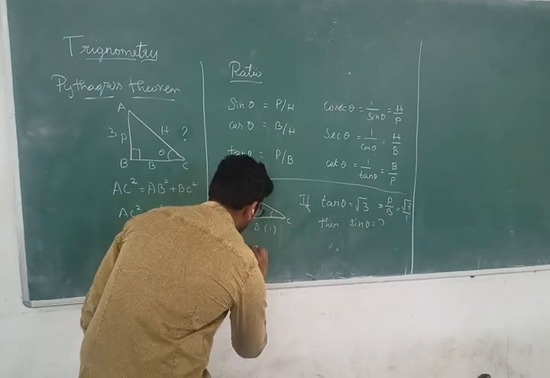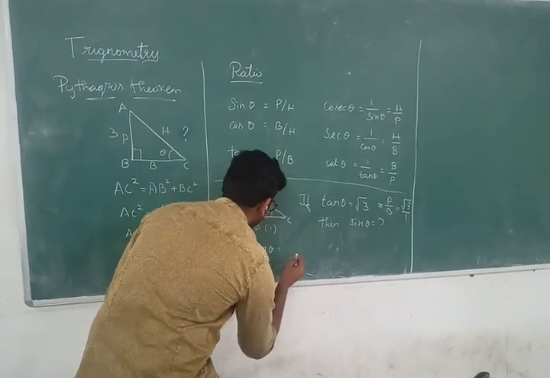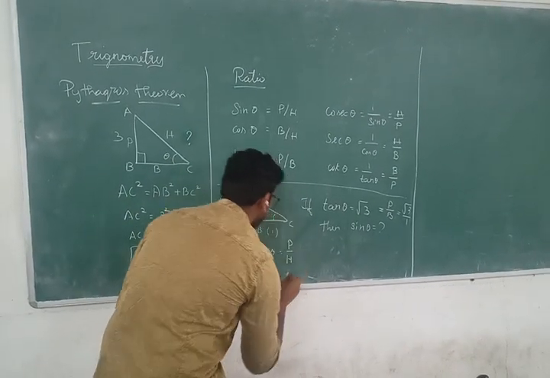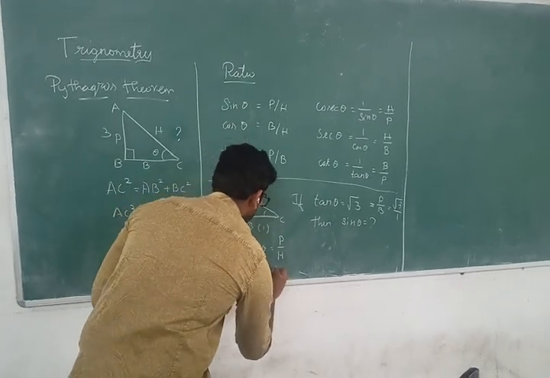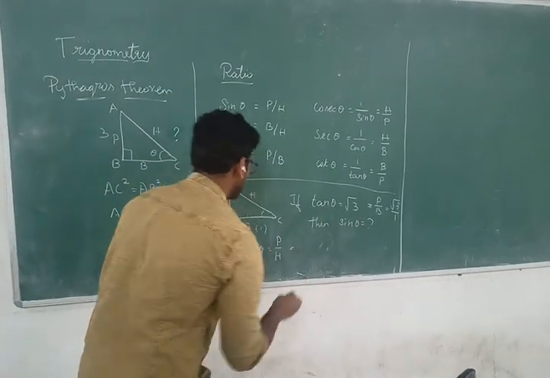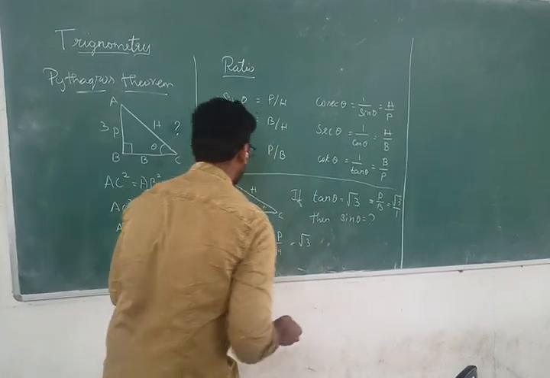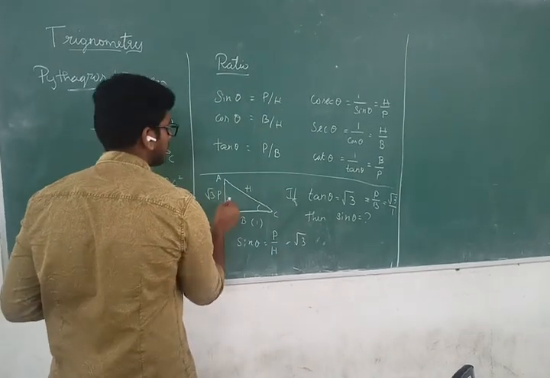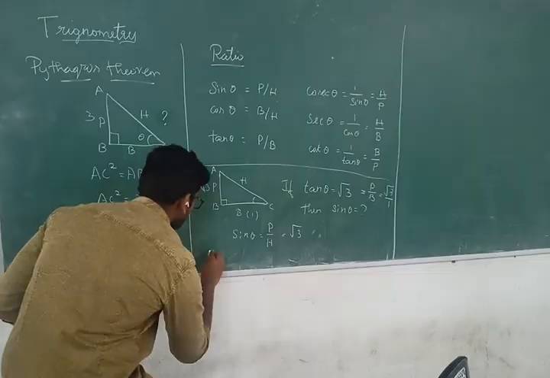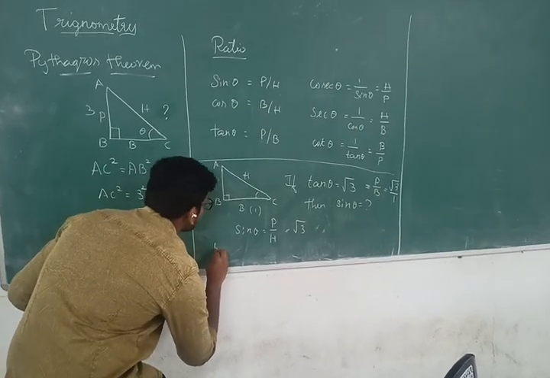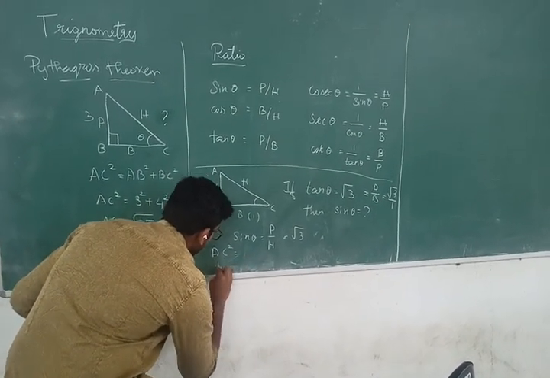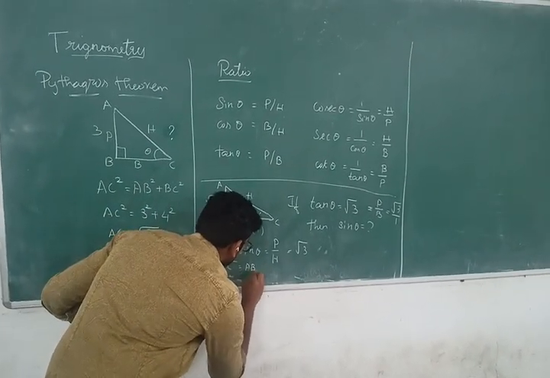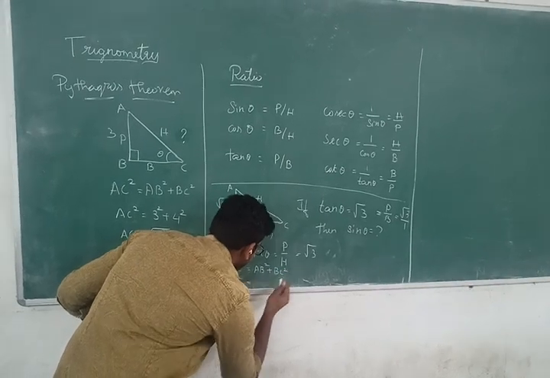For sin theta, you have to know perpendicular by hypotenuse. So the perpendicular side is root 3. For the hypotenuse, you know the AC square formula for finding this side value. So AC square, that means H square equals AB square plus BC square.